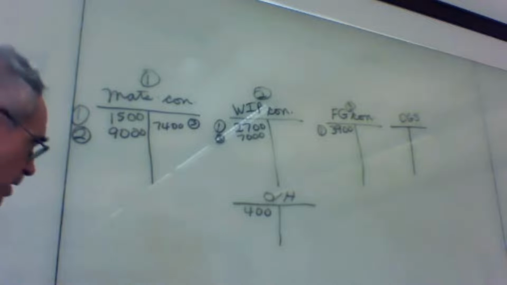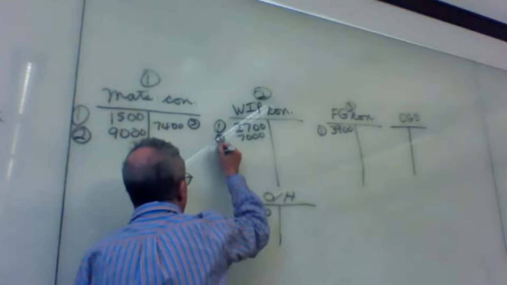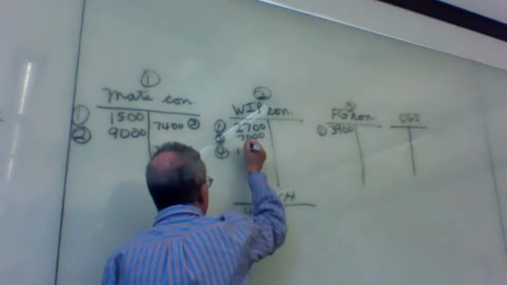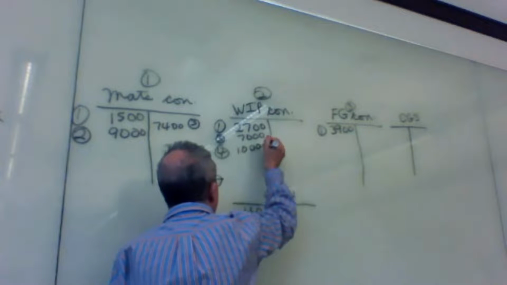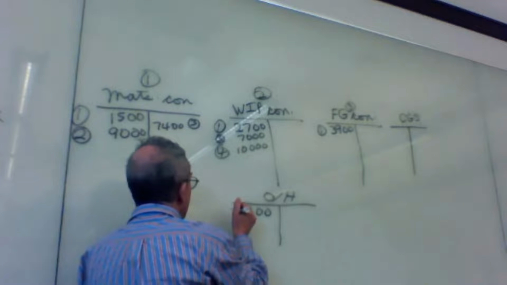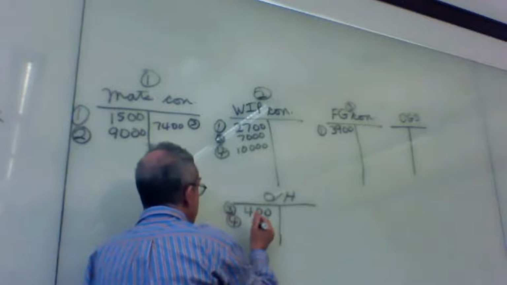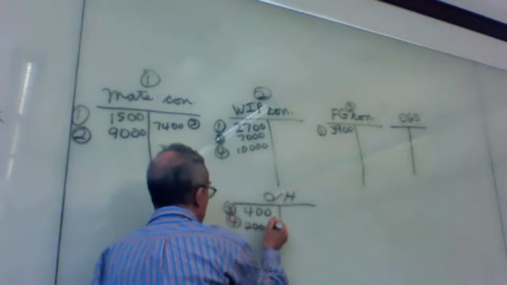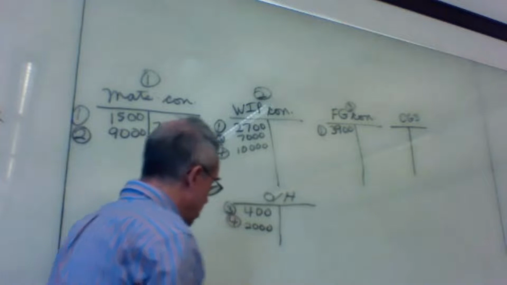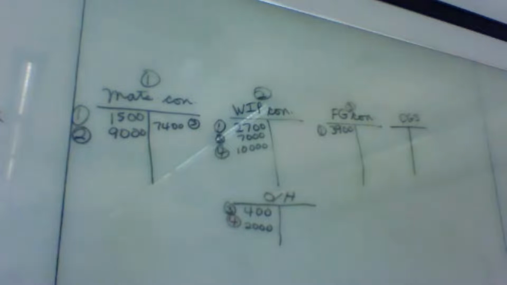So here in journal entry 4, I've debited or increased work in process by 10,000 direct labor. And I debited or increased my overhead costs incurred by 2,000. The credit to wages payable, I'm not really worried about. It's not really manufacturing related.